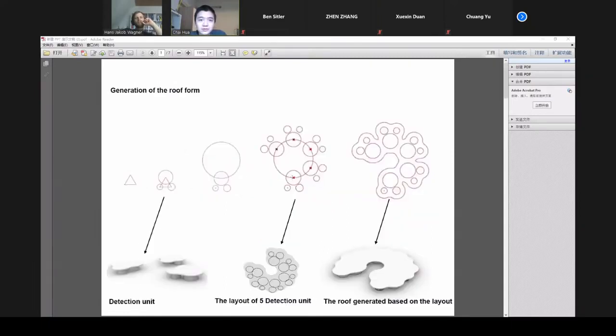It seems that you post the columns like here. Yeah, we put it in the middle. No, here. Here. Okay. Here.